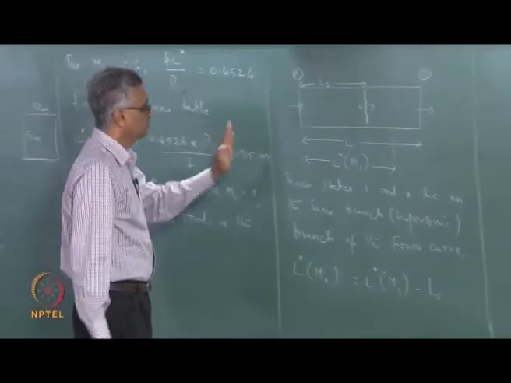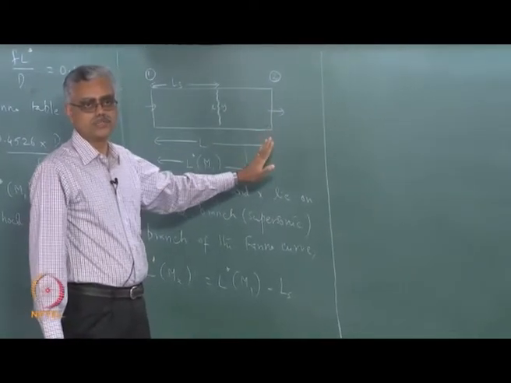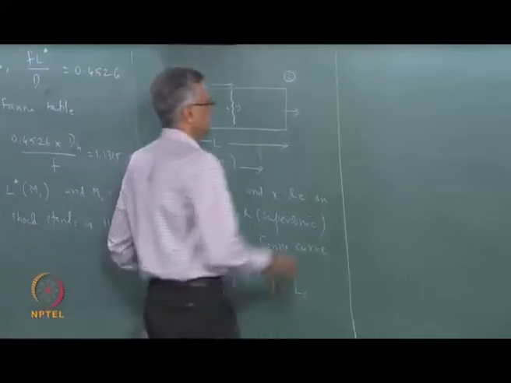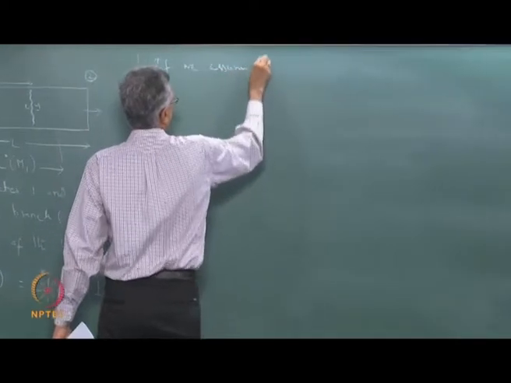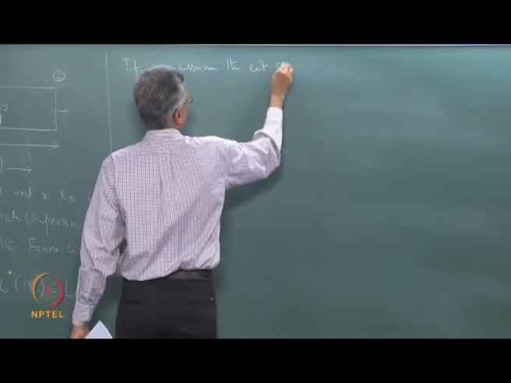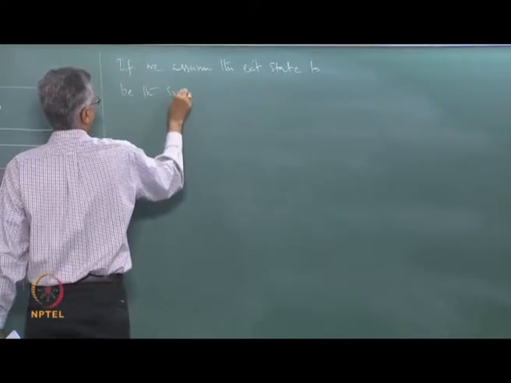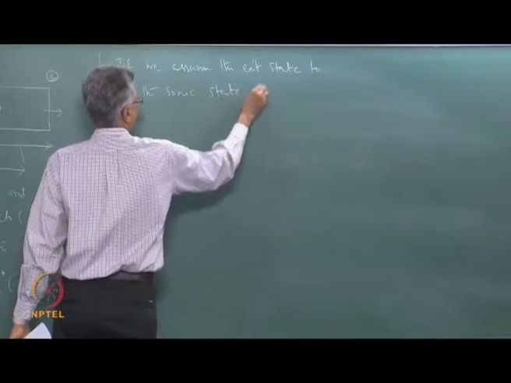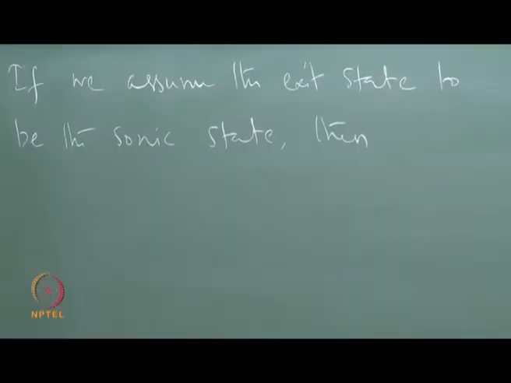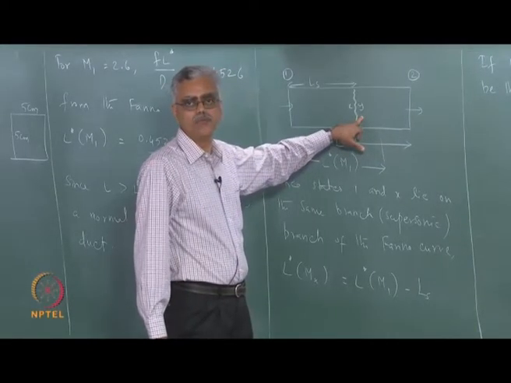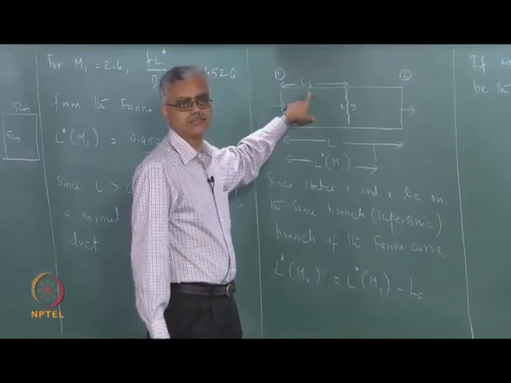Now, if no information about the exit is given, then we assume the exit state to be the sonic state. Okay. If you assume that, then notice that L star corresponding to My is nothing but total length minus Ls, that is the remaining length, right.